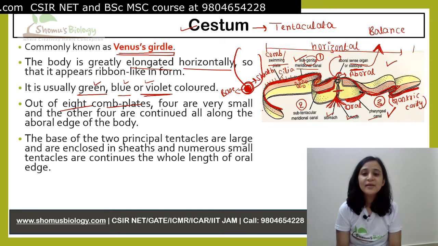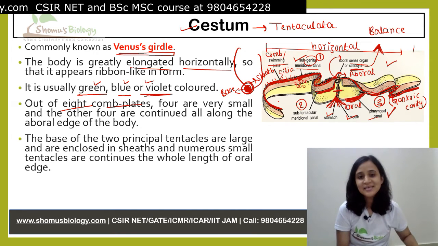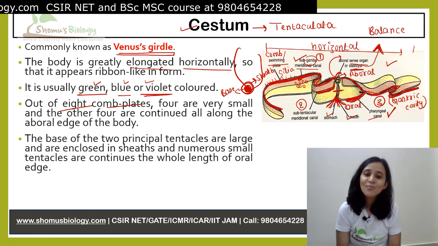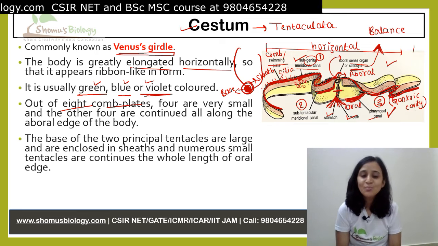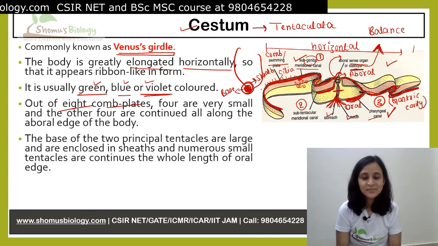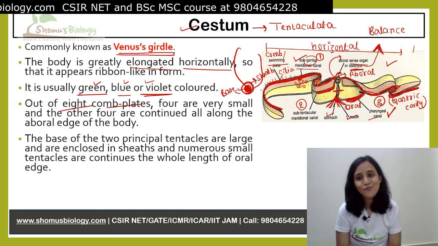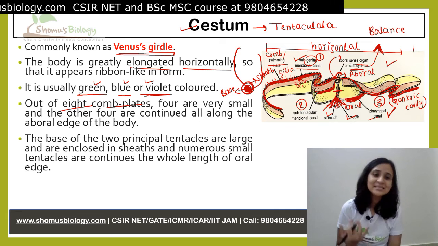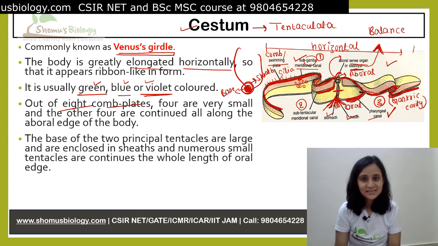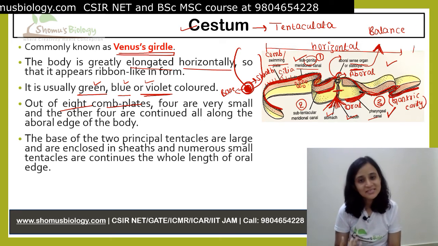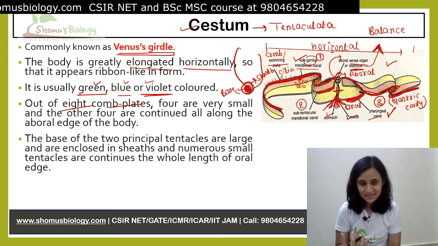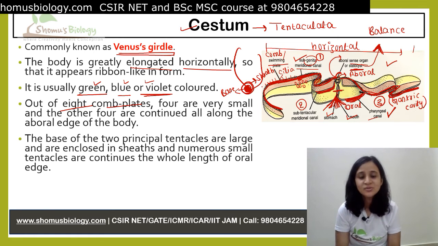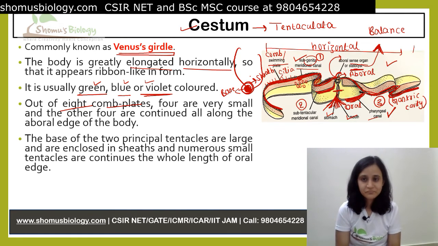Okay, and numerous small tentacles. So there are 2 large tentacles, and they also have numerous small tentacles, and those small tentacles are continuous along the whole length of the oral edge. So on this oral edge you will find many small tentacles, whereas 2 large principal tentacles are also present, and their base is very large and enclosed by a sheath.